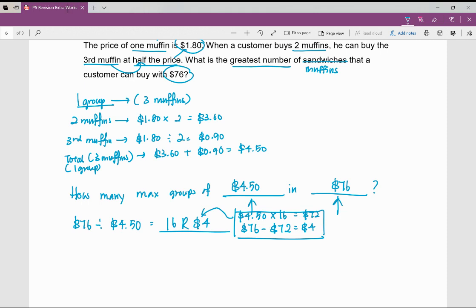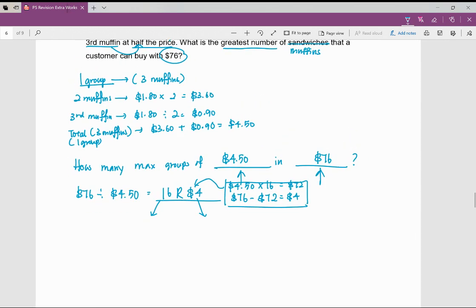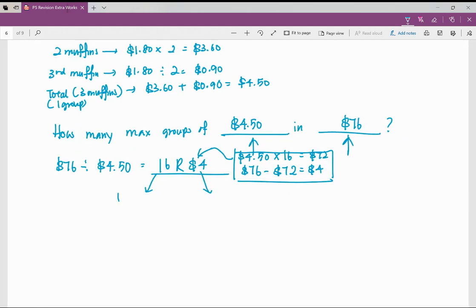All right. Next. What do this 16 and this $4 translate into? I want to find my number of muffins, right? So this is 16 groups of how many muffins? 16 groups of 3 muffins in one group. So that's 16 times 3. This is 48 muffins first. Then here comes the next question.